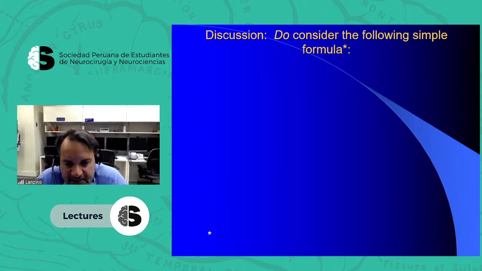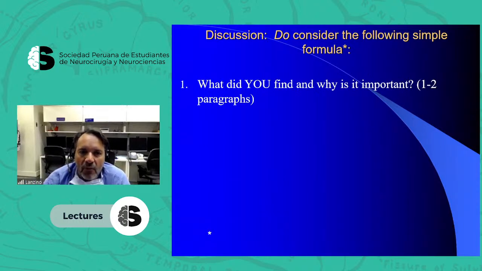So now we are at the discussion of a manuscript, and the discussion also has a formula. Basically, in the first paragraph of the discussion, you in a way summarize the most important messages in your paper.